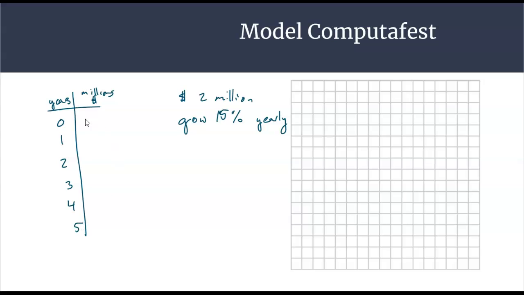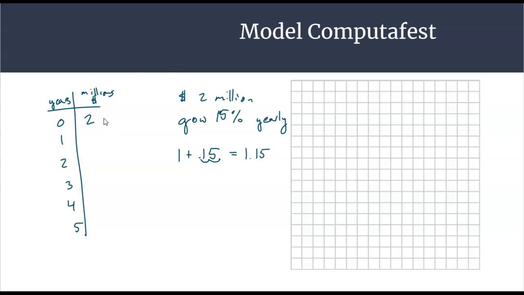So we're going to start with $2 million on the first year. And we need to ask, what is our common ratio now? What do we multiply by at each step? Well, we had a shortcut with the percentages. We said when we have percentage growth, we're going to take 1 plus the percentage. We need to move the decimal point 2 places, 1, 2. So this is 1 plus 0.15. We get 1.15 as our common ratio.